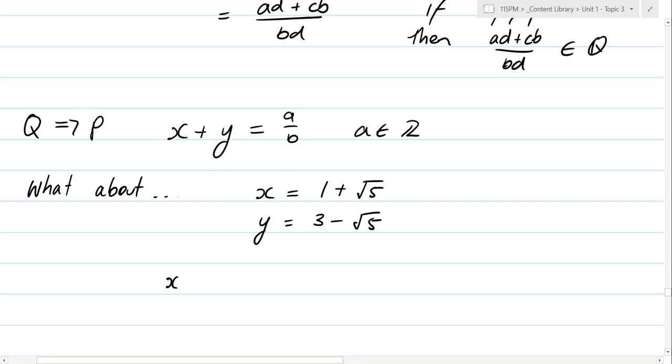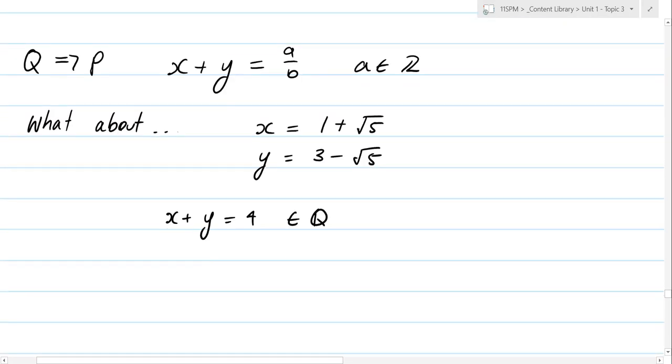So in this case, x plus y equals 4, which is a rational number. But x and y are not rational numbers. They're irrational. So we've actually just shown by counterexample that Q does not imply P. So therefore, these are not equivalent statements.